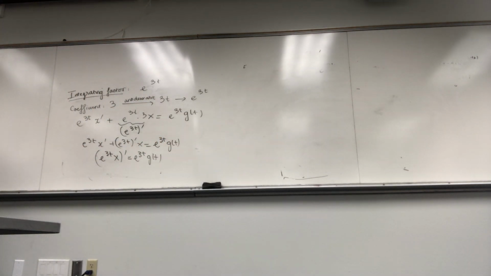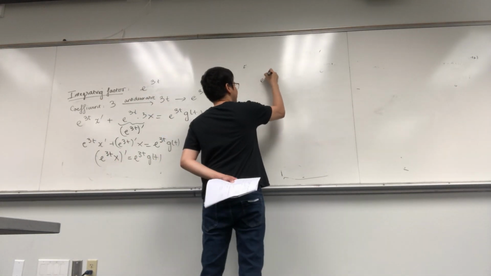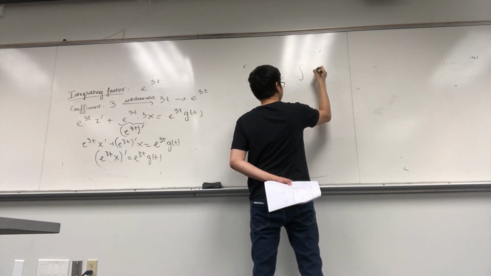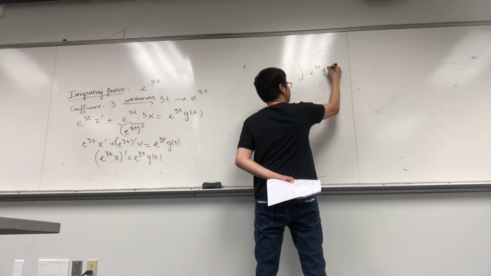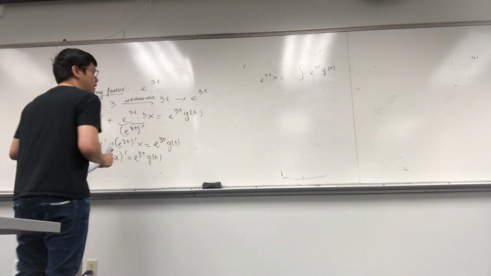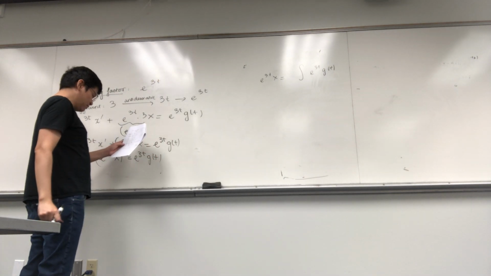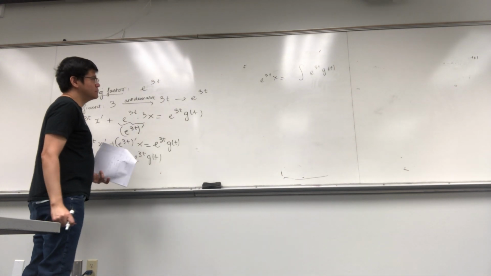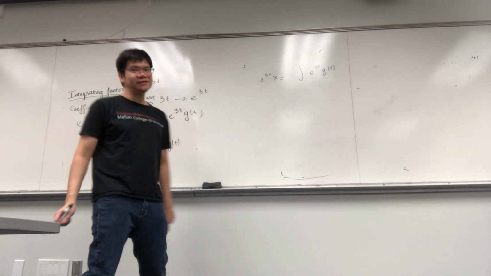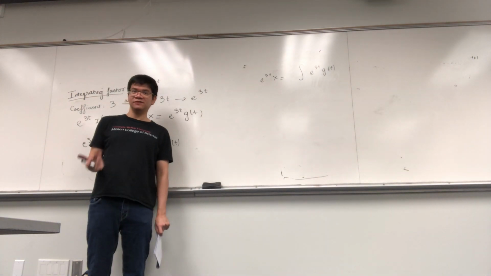Right, so how can I solve this equation? Integrate both sides. So you integrate both sides, you have this. All right, so e to the 3t x. Now what we have to do is to be more precise, because here you don't have the constant, right?